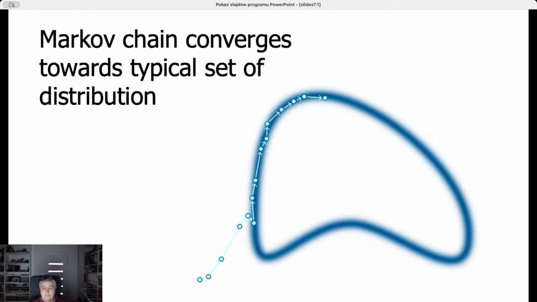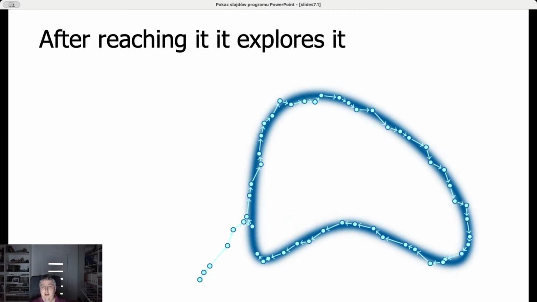And so the idea is that Markov chain not only wanders mostly around the typical set, but also it converges to it. So initially, Markov chain will wander towards its typical set, and after some time, it will start walking around it and will stay in it.